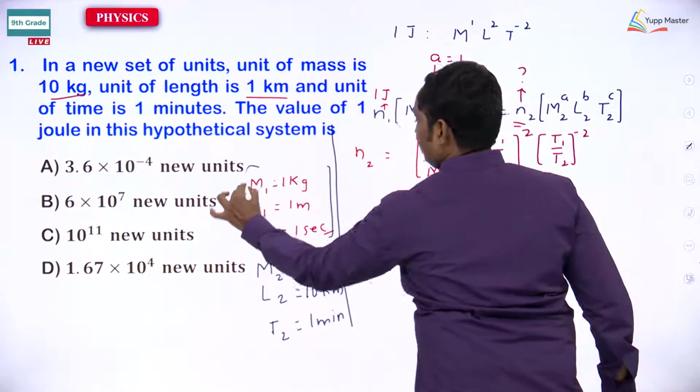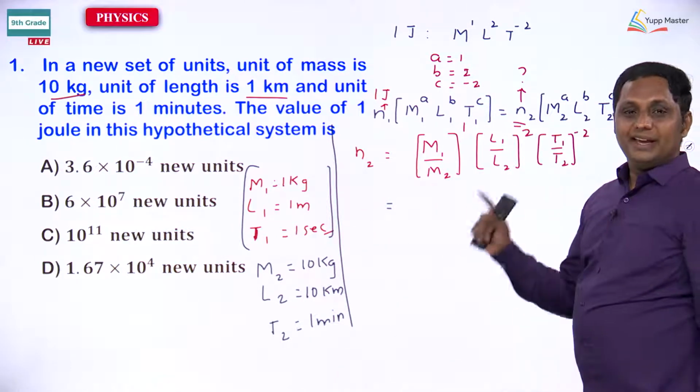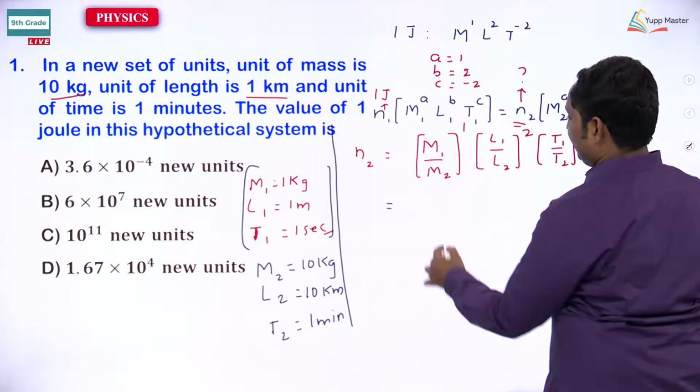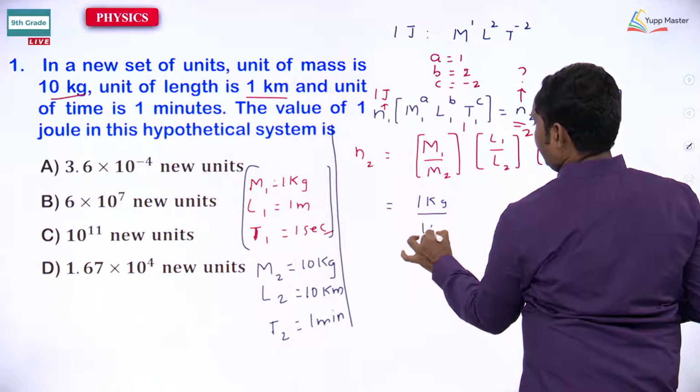You have to take this one, right. Therefore, N2 value can be obtained, that is 1 kg by 10 kg.